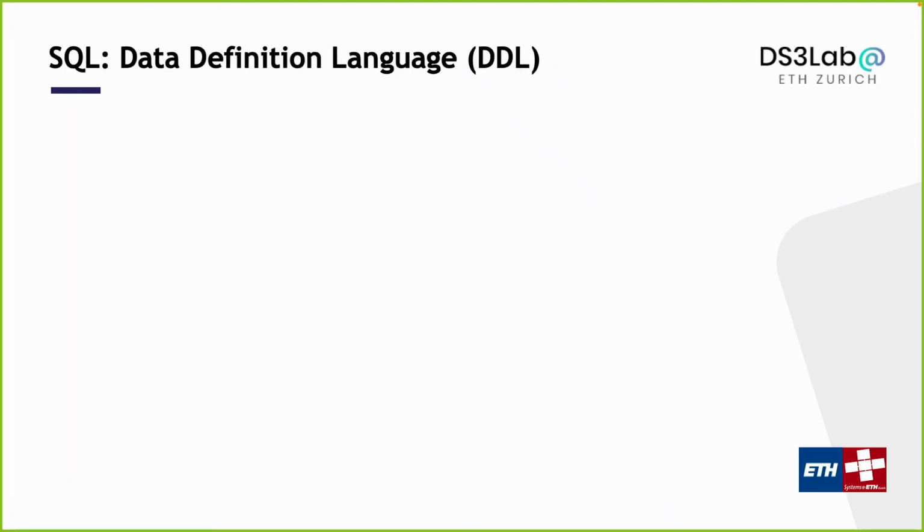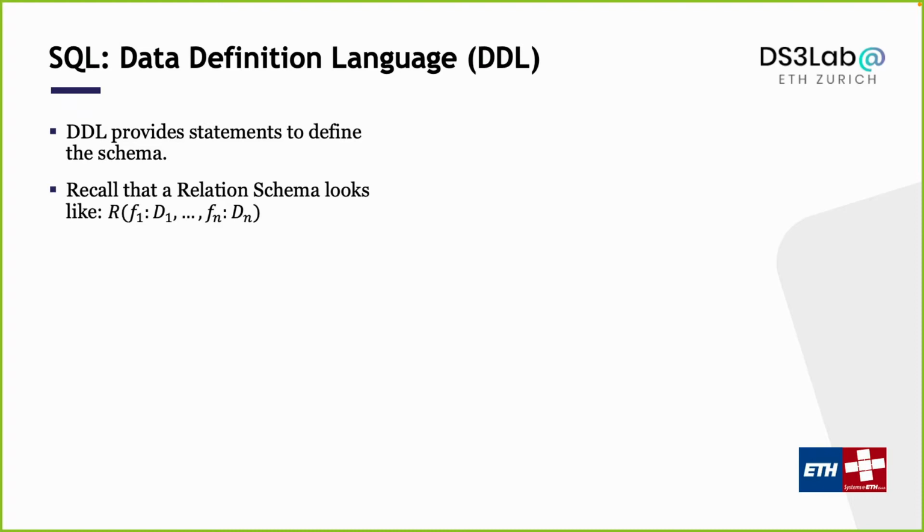So what is SQL? SQL is a family of standards to allow you to specify and manipulate data that's modeled in the relational model. It has 3 different components. The first component is a data definition language. The goal is to tell the system what my schema looks like.